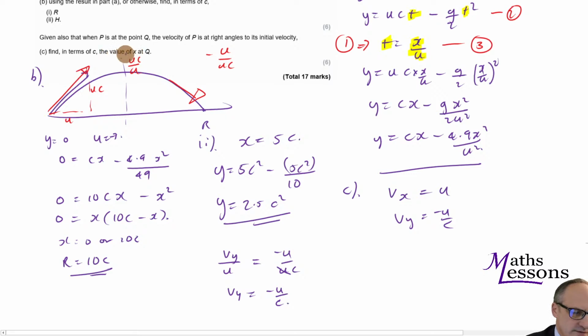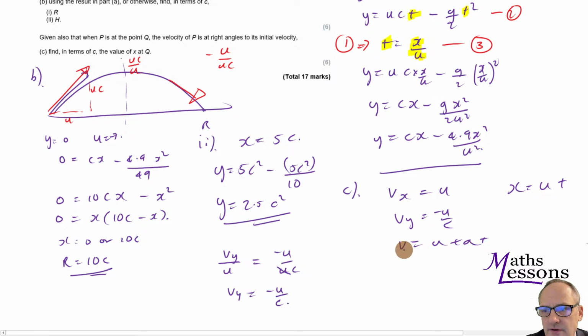Now we're trying to find the value of x, the position at this point in time. So let's just use this to find our t first. We're going to have to find the time that this happens at, because we know our position of x is given by x is equal to u times t. So we know that v equals u plus at.